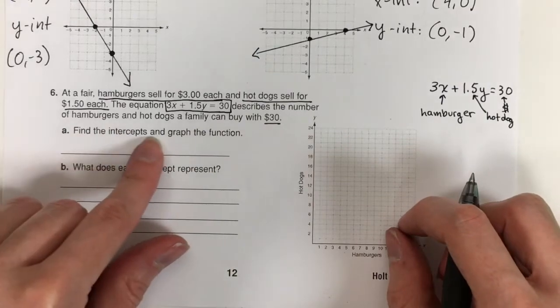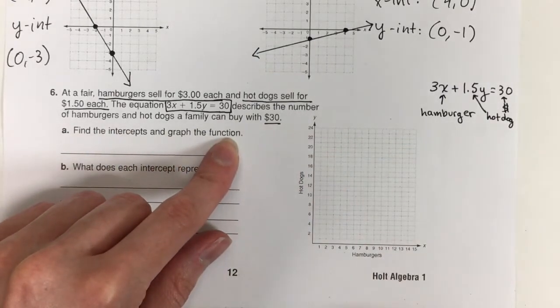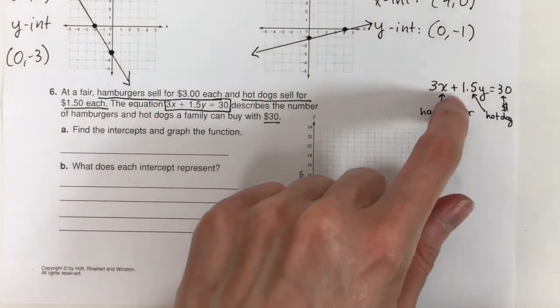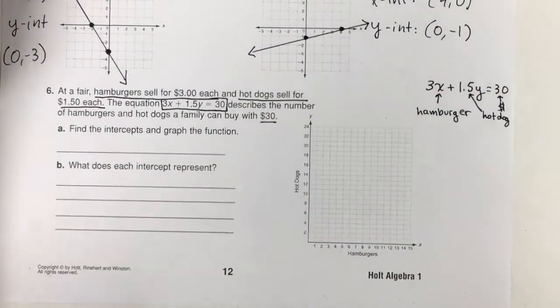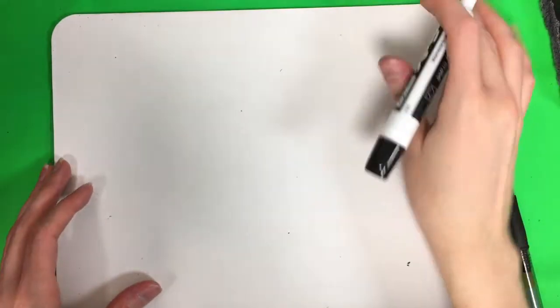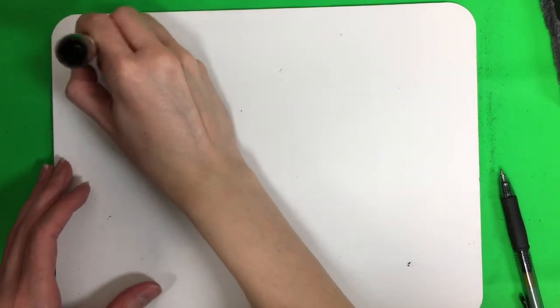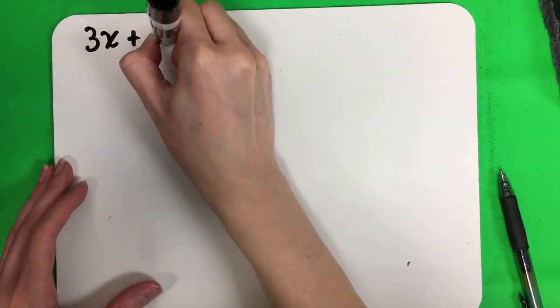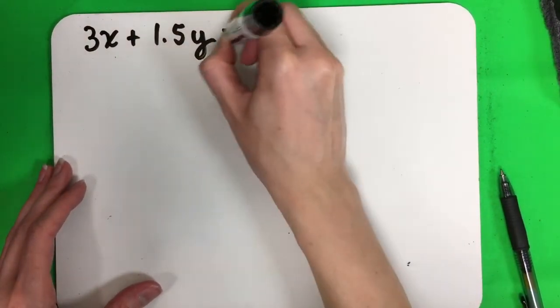A, find the intercepts and graph the function. So let's go ahead and find the intercepts, the x and y intercept. I'm going to copy this over here. We got 3x plus 1.5y equals 30.